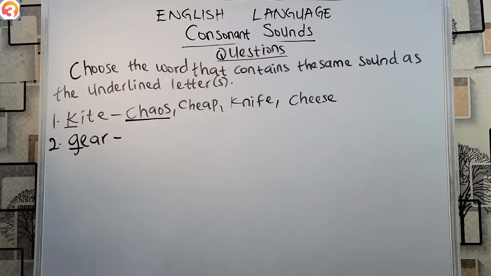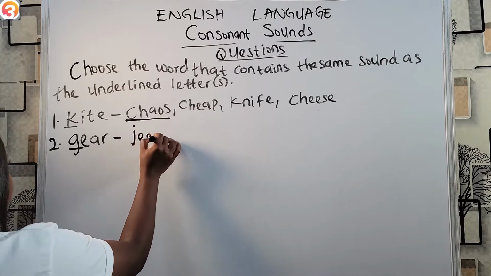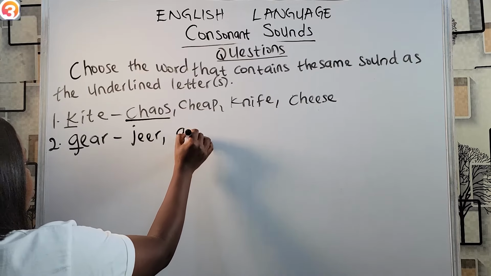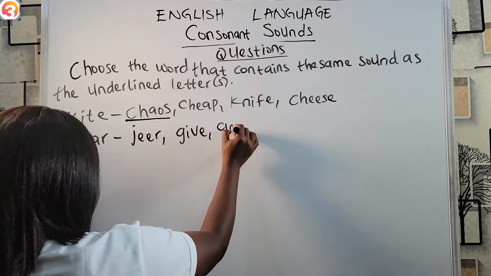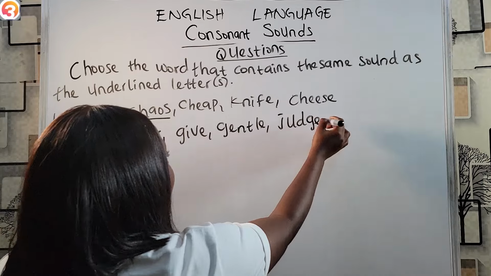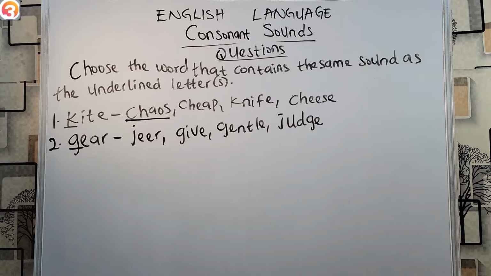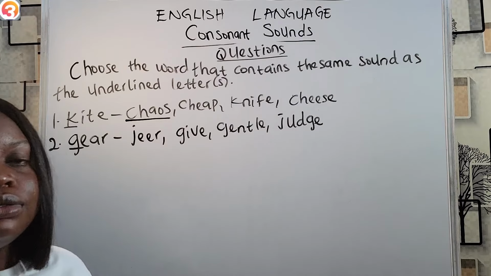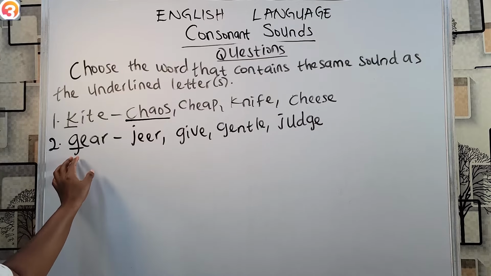We have this. Once again, we identify the sound that the letter on the line contains. Here we have gear, g, gear.